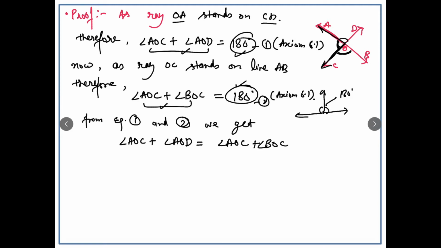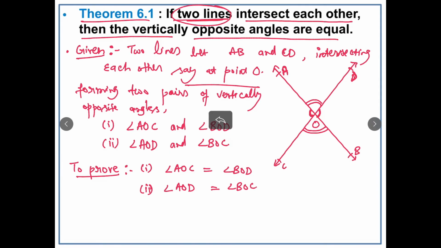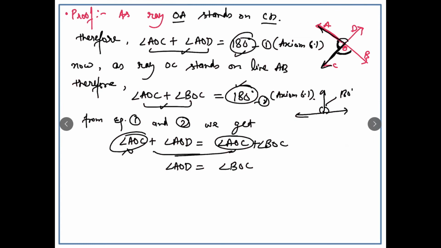Now you can see on both sides we have AOC, and if you shift AOC to this side it will be minus and they will cancel out. What remains is angle AOD equals angle BOC. This is what we have to prove here.